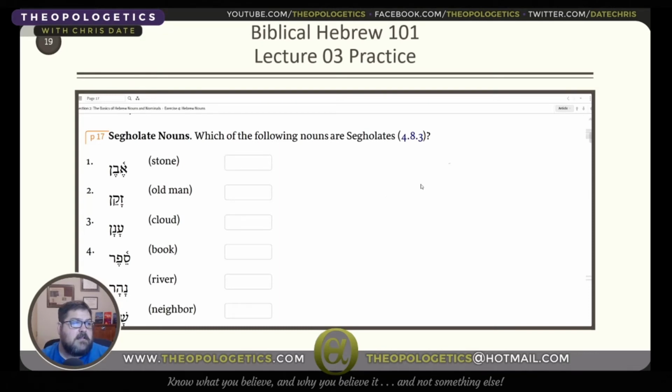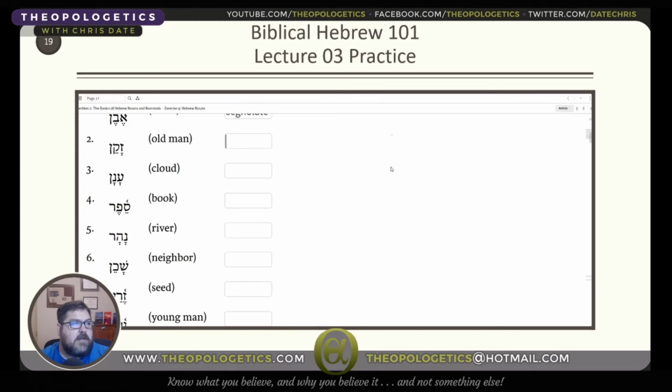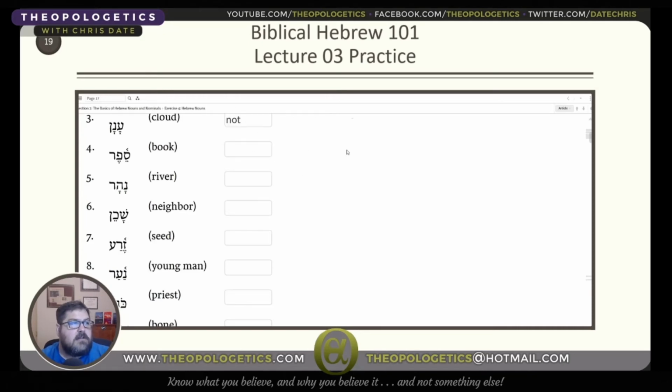So with that in mind, here we would say, yes, this is a segholate. This, however, is zakein, and notice it's the second syllable that's accented, so we know that's not a segholate. Same thing with anan. Now here, sefer does not have 2 segols. It does have 1, but that's not what makes it a segholate. What makes it a segholate is that the first syllable is accented.